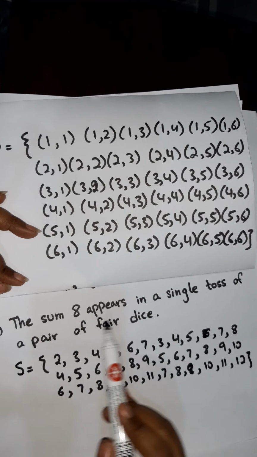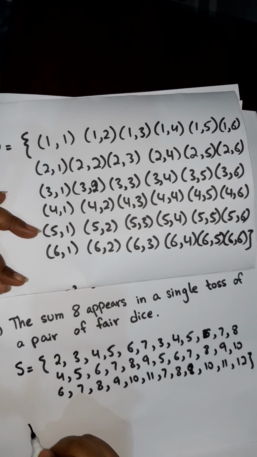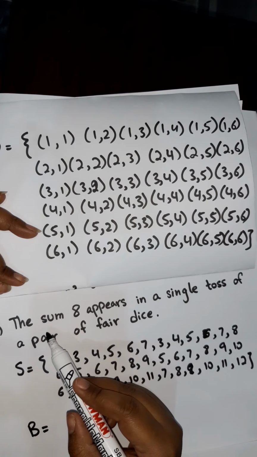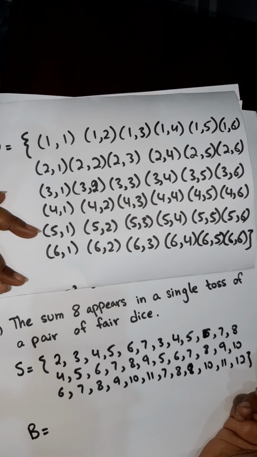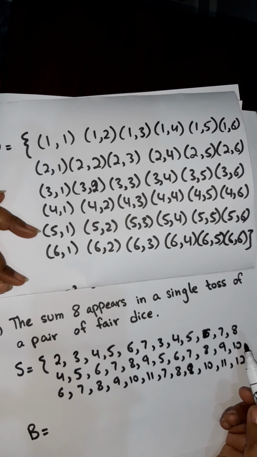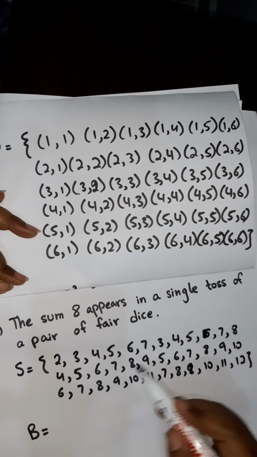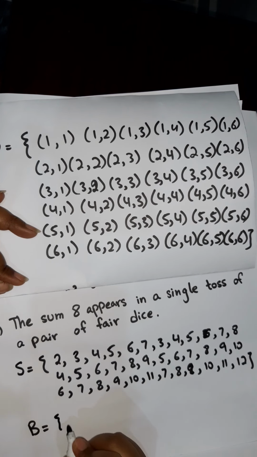Now what we are going to find here: let's suppose event B denotes that the sum 8 appears. Now we can see that the sum 8 appears 1, 2, 3, 4 and 5 times.